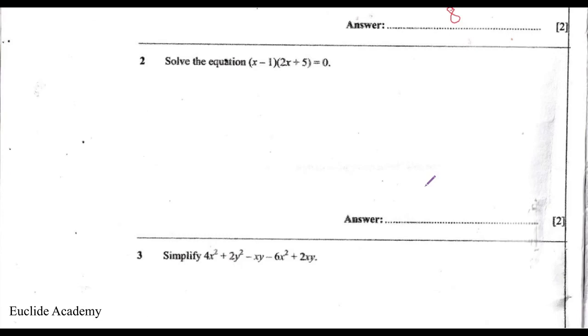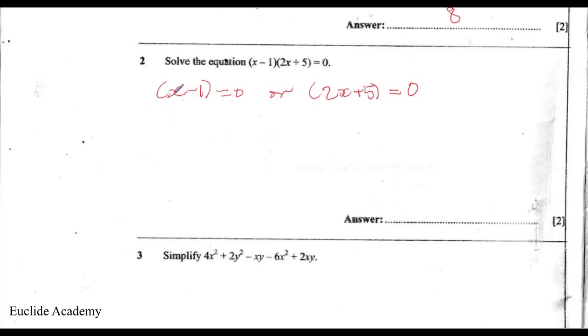Question 2. The equation (x minus 1)(2x plus 5). When you have two factors like this, and when you multiply them together they give you 0, it means either x minus 1 is equal to 0, or 2x plus 5 is equal to 0.